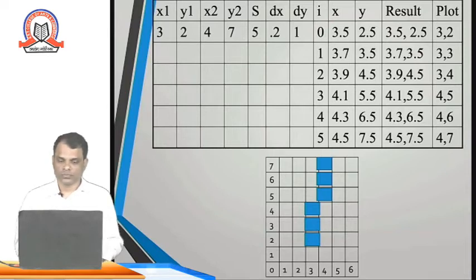So we understand what is meant by a line, what is a segment, and what is the slope and y intercept of that line, that is the line equation, y is equal to mx plus c. We understand that using that equation we can plot the points. What logic are we going to apply over here? We are going to find the x difference and y difference.